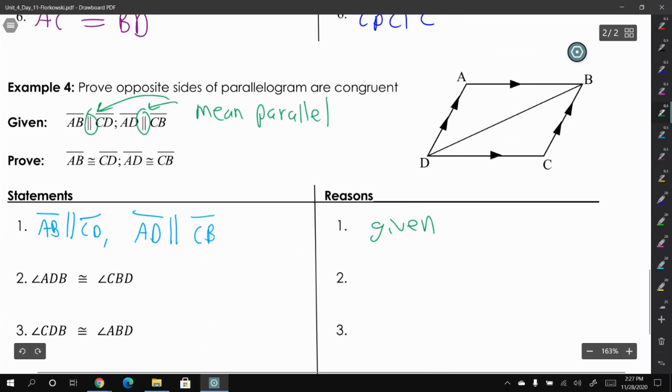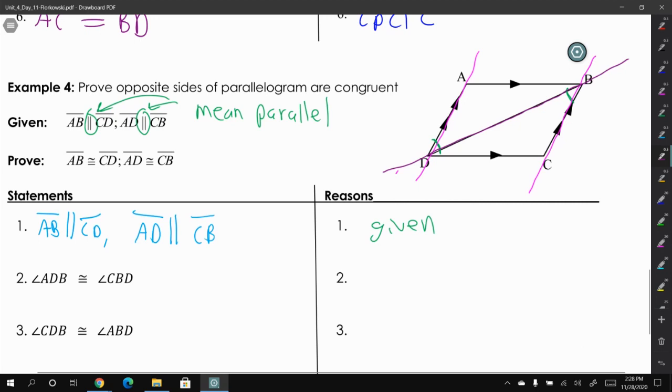So first statement says angle ADB and angle CBD. So angle ADB is right here and angle CBD is right here. So I'm going to extend these parallel lines because those two angles touch those two lines, and here is my transversal. And those two angles that I have in green are alternate interior angles.